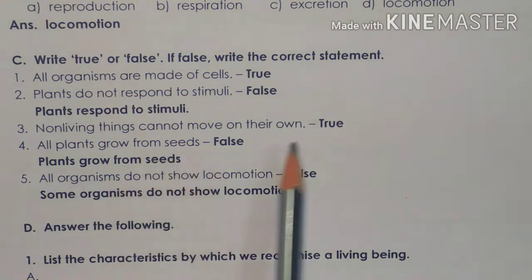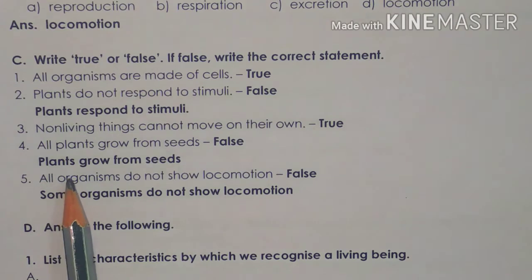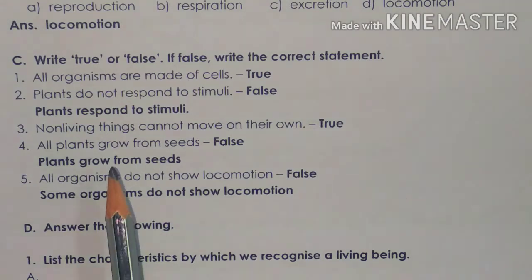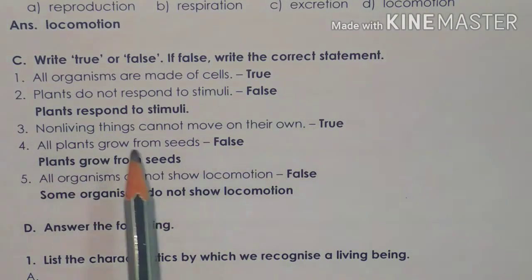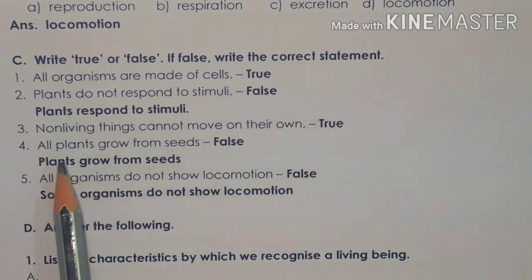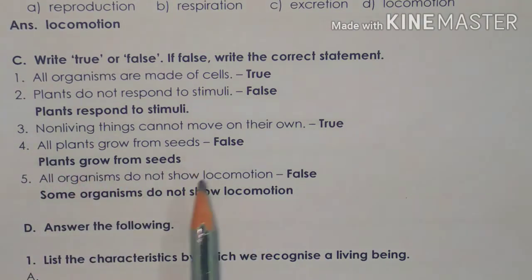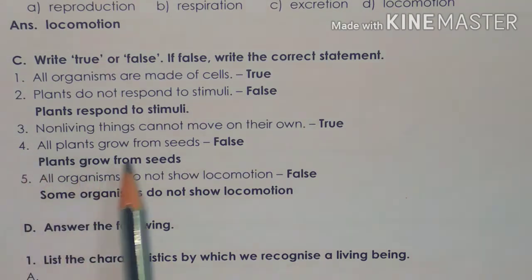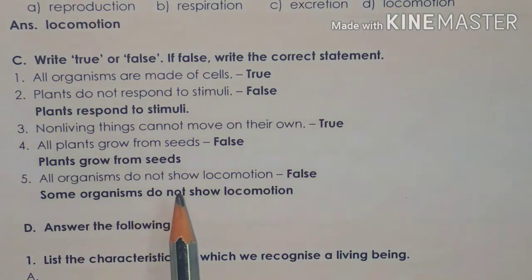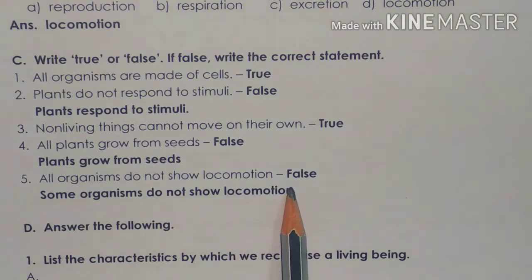So this statement is false. So we can also correct the statement. Instead of all plants, we can say that plants grow from seeds. This is correct. But we cannot say that all plants grow from seeds. The statement is false.